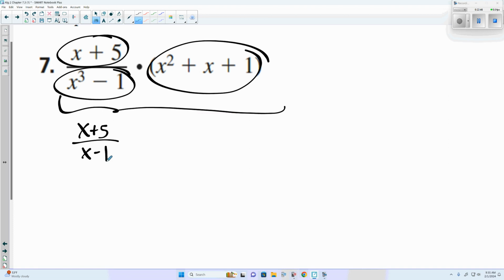And I know that was a big jump, but I jumped straight to the answer for this one here. All I was saying is that this here is going to factor. This is going to be one of the factors of it, so that's gone. The only other part for our cubic is x minus 1. That's it.